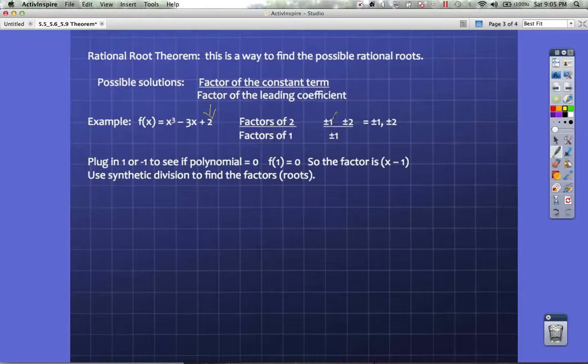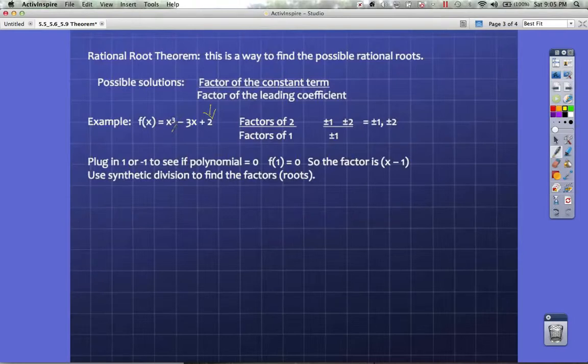And then you take these, and whatever these numbers are, you have to find all the possible roots. If it had been a 2 or something, you'd have 1/2, and you would divide each one of these by whatever's on the bottom. So you have 1 over 1, which is 1, 2 over 1, which is 2, and they're plus or minus. So there's a possibility right there of 4, but we know at most it can have only 3.